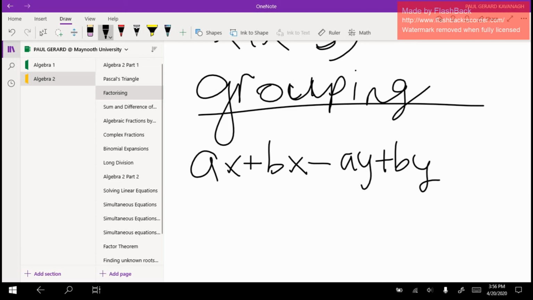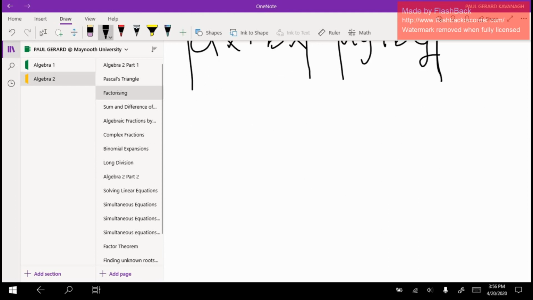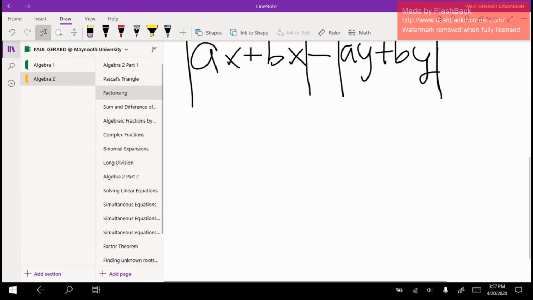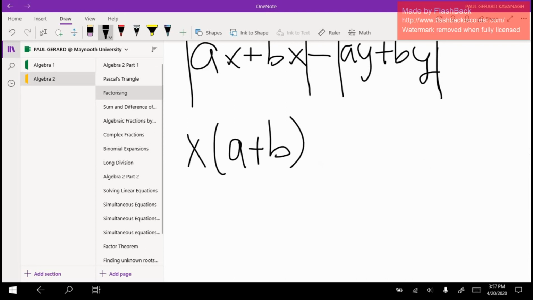So what you do in this case is you act as if these are 2 separate expressions, then you regroup them at the end. So now in this case, you'll be using your highest common factor. So we're going to go down. The first expression, similar in both, is the x term. So we'll take x out, and since both of them have x already, you don't need to write it again. Minus.